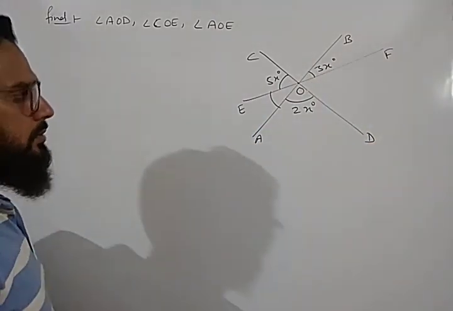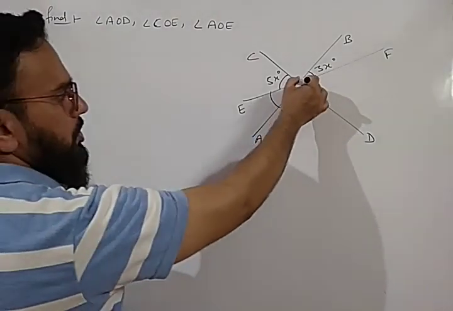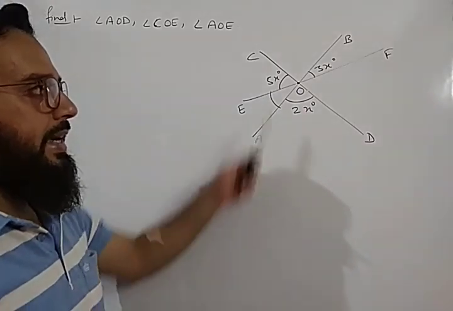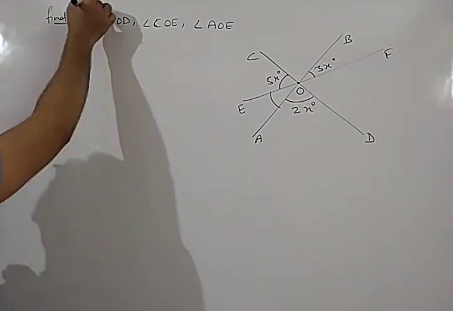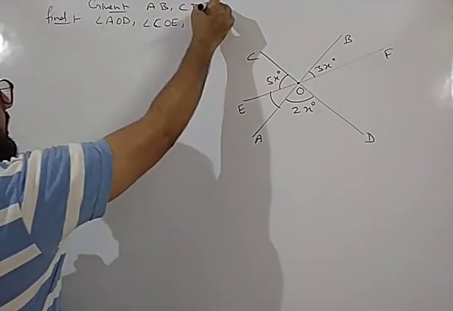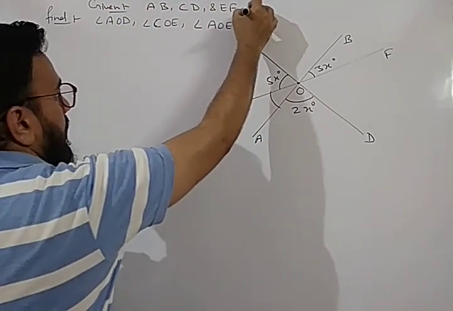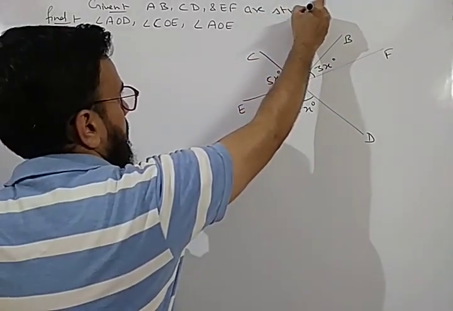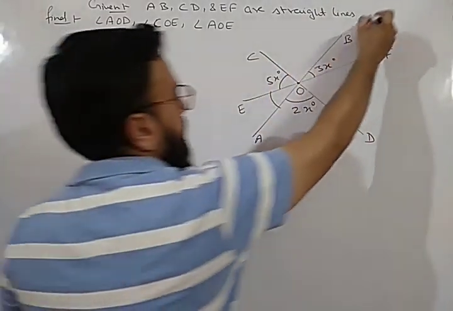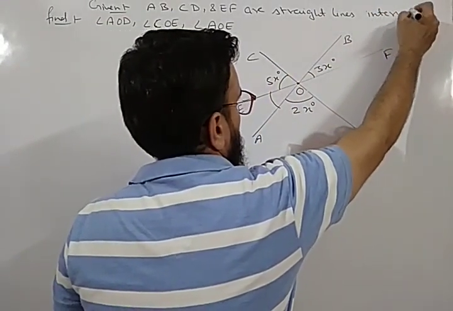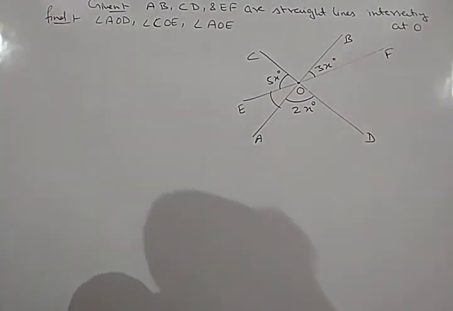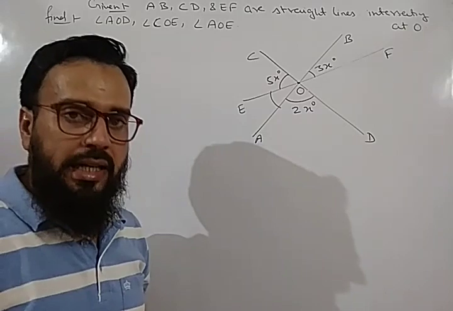So let's start. This is basically a question of vertically opposite angles, because the question gives that AB, CD, and EF are straight lines intersecting at O. It means you can find the vertically opposite angles.